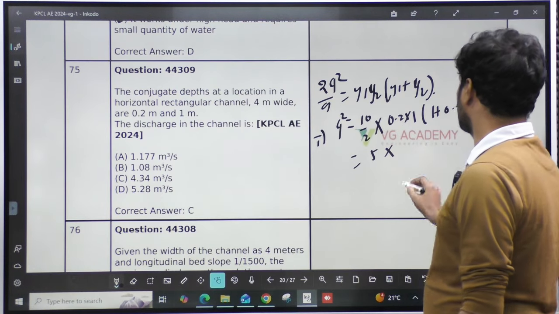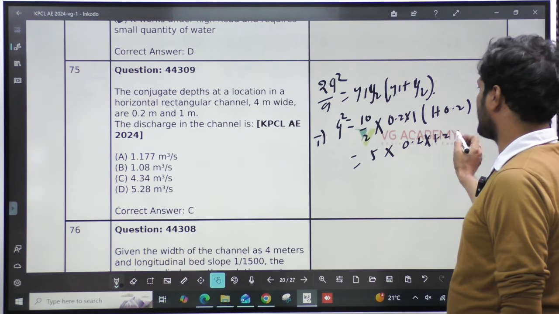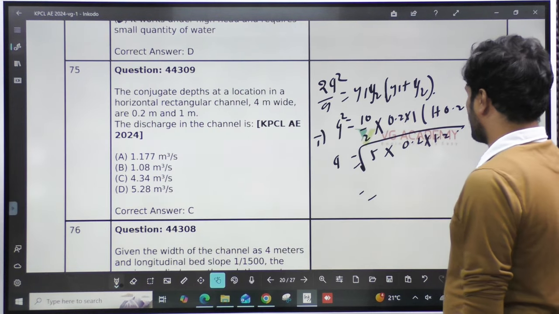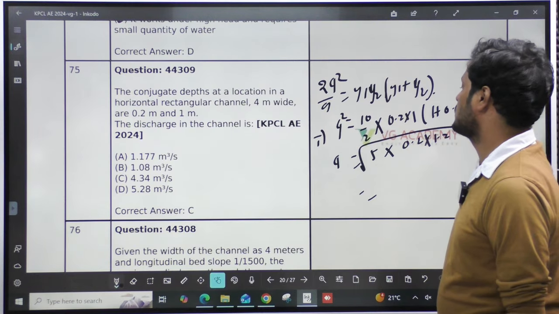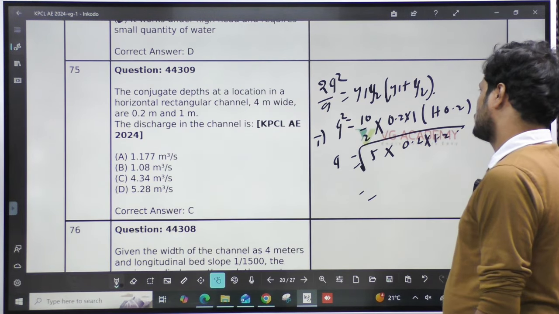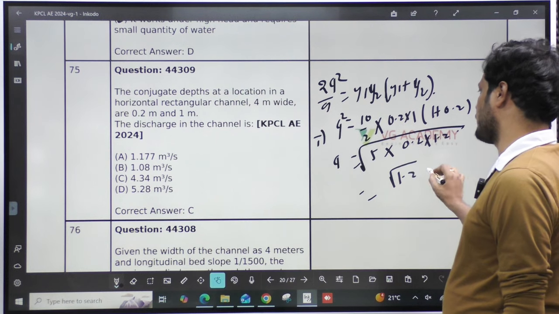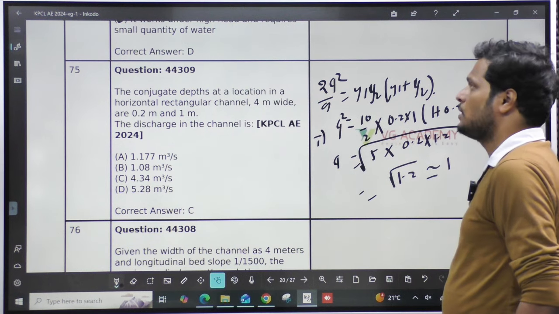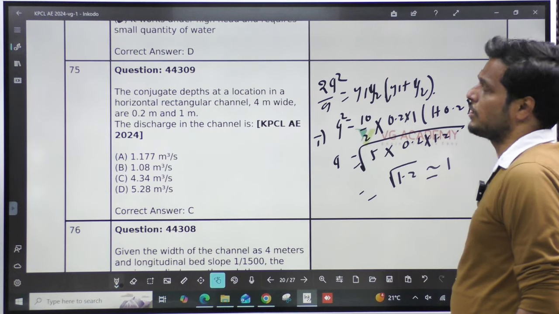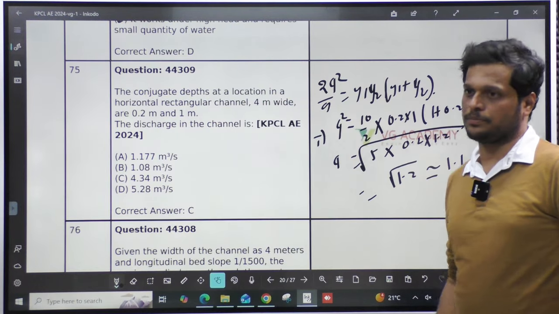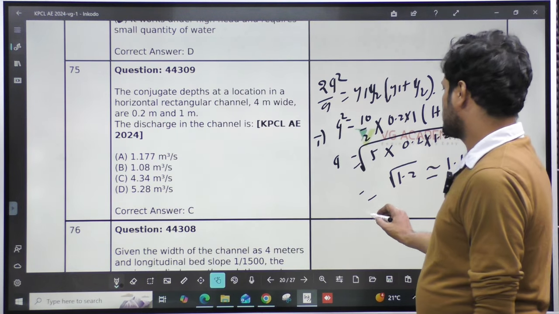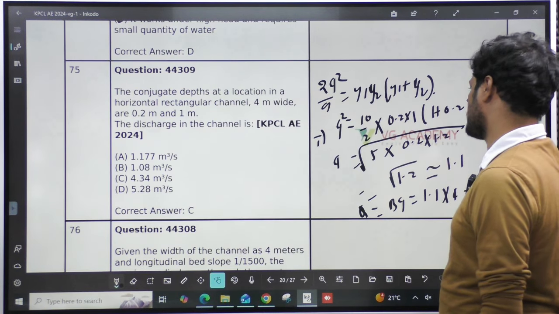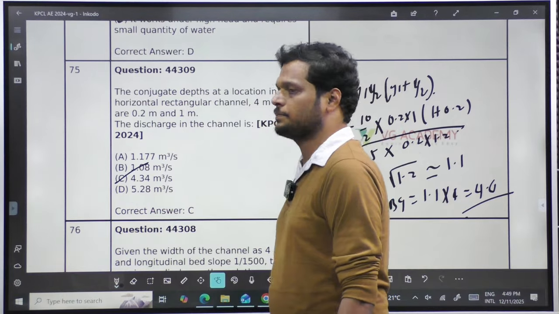So 5 into 0.2 into 1.2 root. So 12 fives is 60 into 0.2, 1.2, square root of 1.2. Square root of 1.2 means nearly 1. 11 square 121, 12 square 144. So approximately 1.1. Okay, so this is q, we want capital Q, so B into q. So 1.1 into 4, so nearly 4.4, option C.